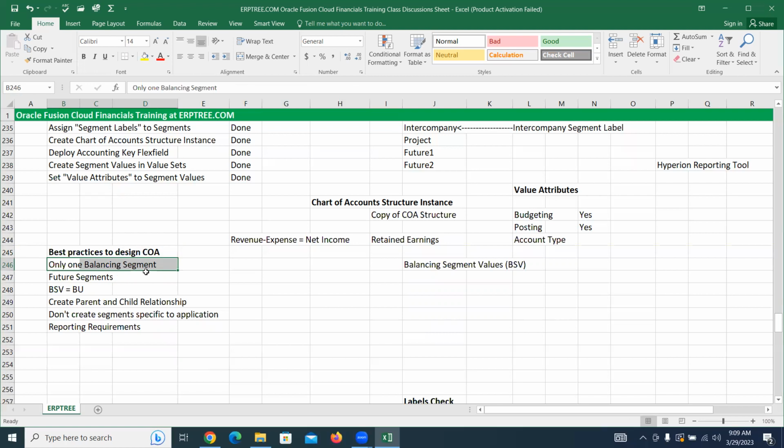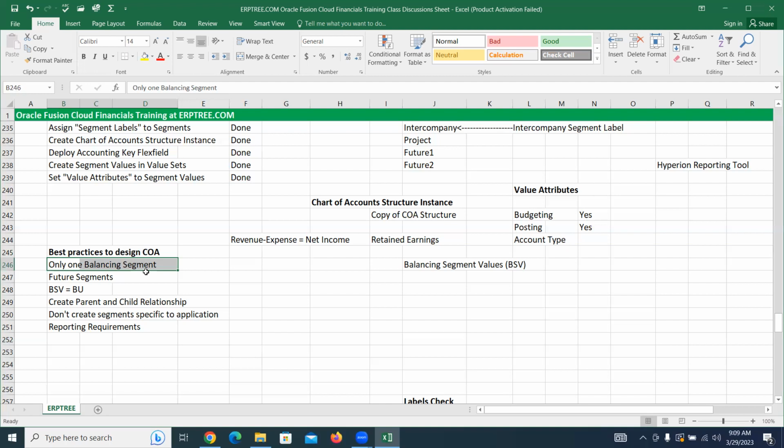Because as per the system, for one balancing segment you can set the business unit level defaults. For the remaining balancing segments, you cannot set the defaults, and the controls you cannot implement for the other balancing segments.